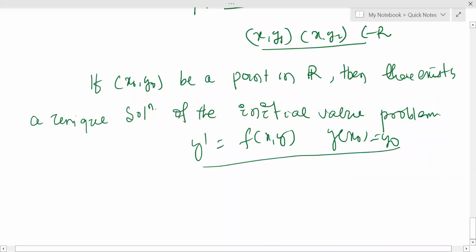So this is the initial value problem and (x0, y0) will exist in this region R.